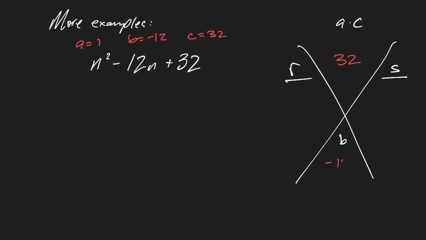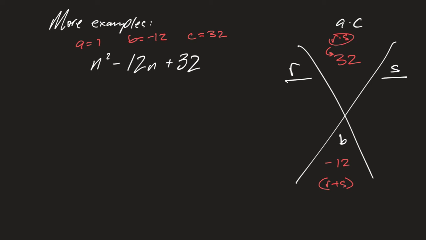B is negative 12. So now I'm looking for two numbers that when I multiply them together, I get 32, and when I add them together, I get negative 12. That tells me something particular. How can I get a positive number when I multiply two numbers together? Either both of these numbers are positive or both of them are negative.